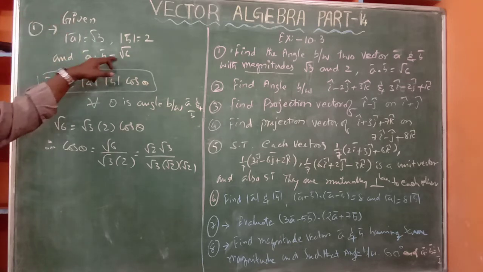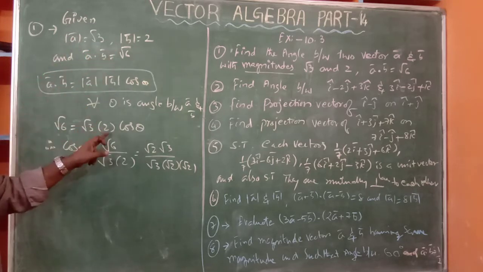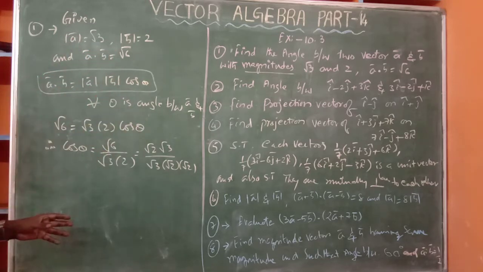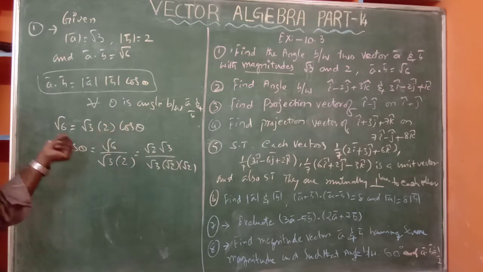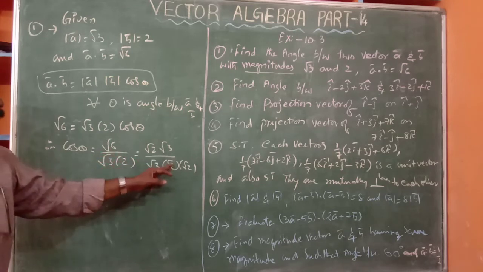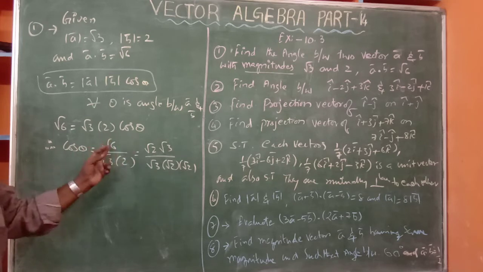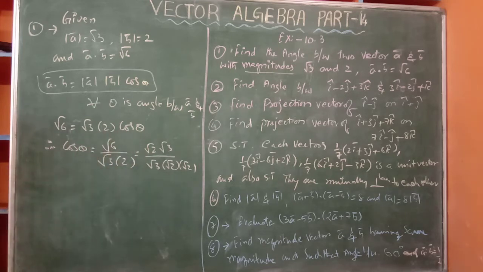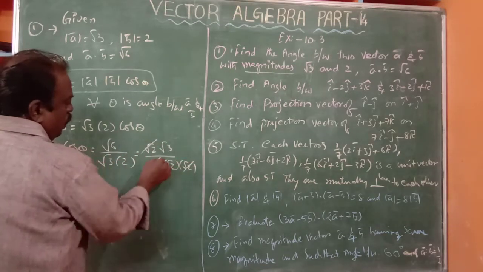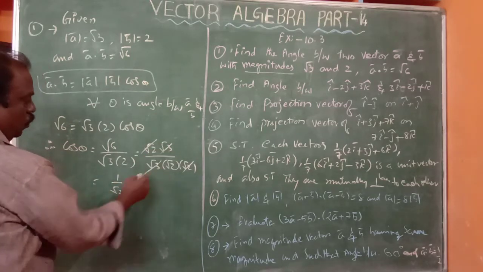A bar dot B bar is equal to root 6, mod A bar is equal to root 3, mod B bar is equal to 2, cos theta as it is. Here cos theta is root 6 by 2 root 3. This 2 can be root 2 into root 2. Root 6 is root 2 into root 3. One root 2 cancels with one root 2, root 3 cancels. We get 1 by root 2.